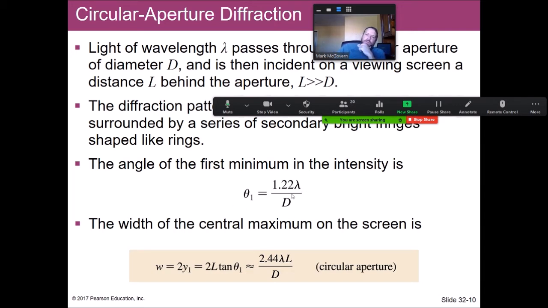This is the first solution to the Bessel function, and it's where the 1.22 number comes from, ultimately. This gives you effectively an angular size. If you double this number, that gives you the diameter of that first diffraction dot in the middle.